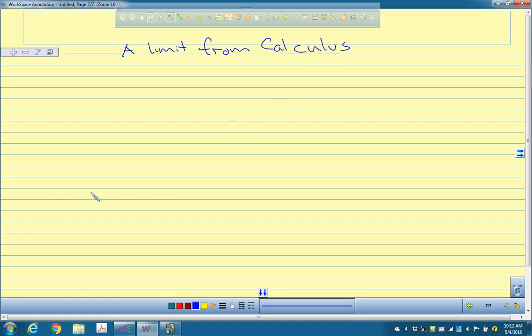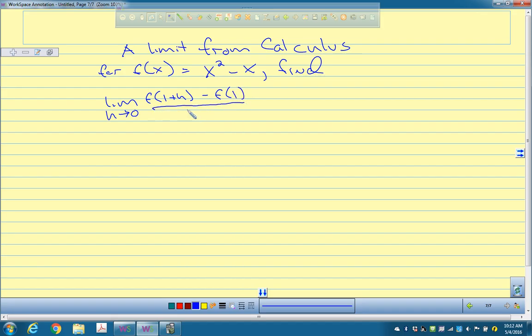And you'll say, what the heck does this mean? So for f of x equal to x squared minus x, find the limit as h goes to 0 of f of 1 plus h minus f of 1 over h, okay?